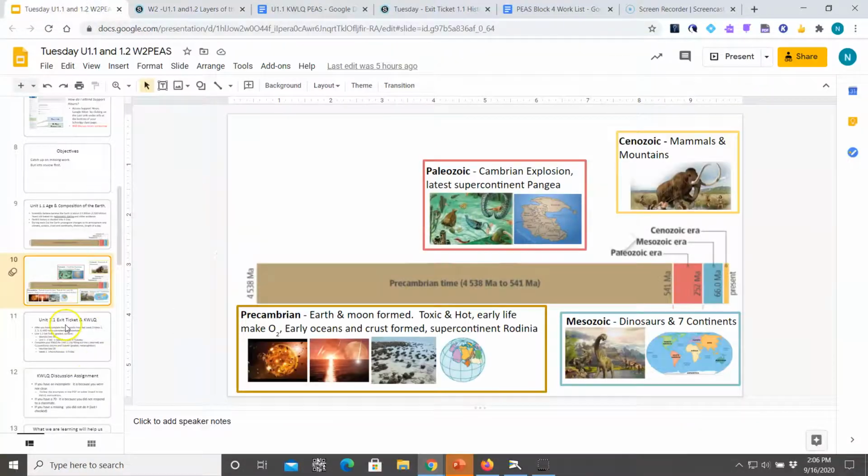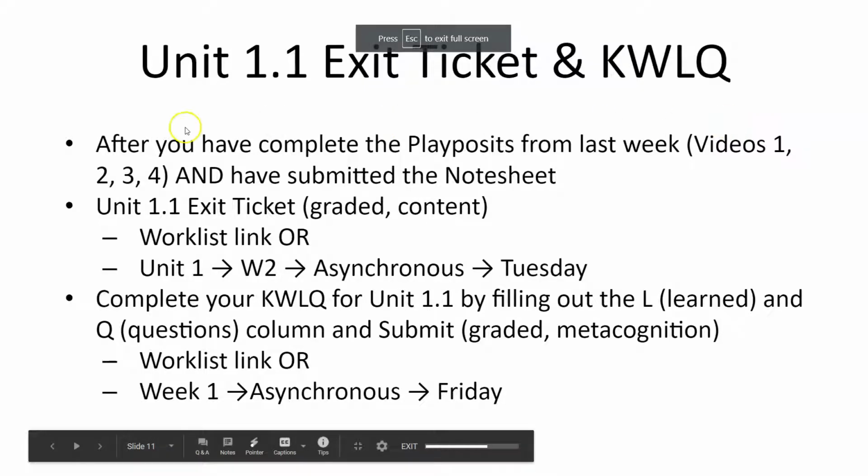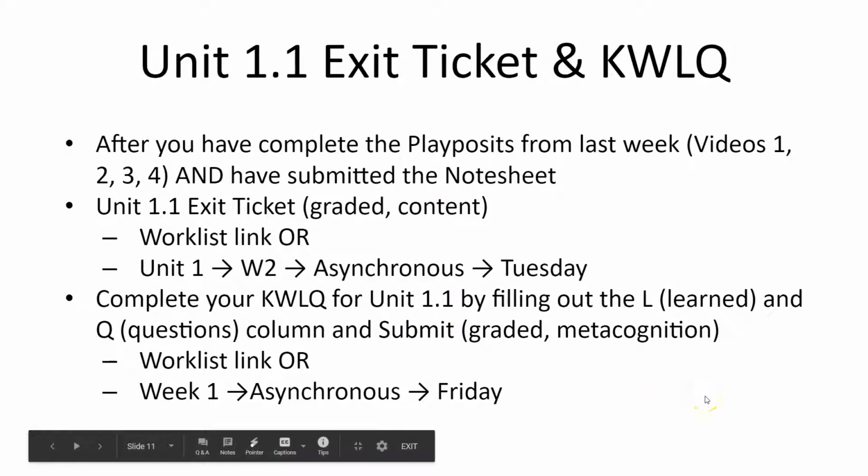So let's sort of review what this says here. It says to do the exit ticket and KWLQ after you have completed the Playposit videos 1, 2, 3, and 4 from last week, and have submitted the note sheet. So if you need to pause this to read this to yourself, go ahead and do so.